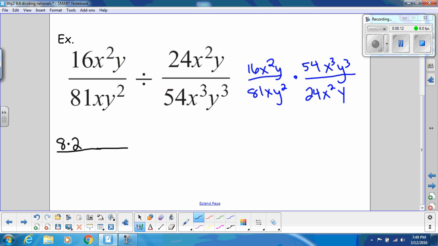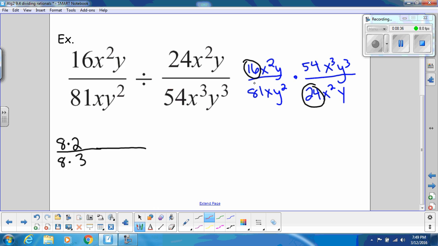And remember, we said we're just going to leave it as all one fraction. So 8 times 2 goes in the numerator. And then for 24, I'm going to put 8 times 3. So again, the reason I chose 8 times 3 for 24 is because 16 was 8 times 2. And I can see that my 8's are going to cancel.